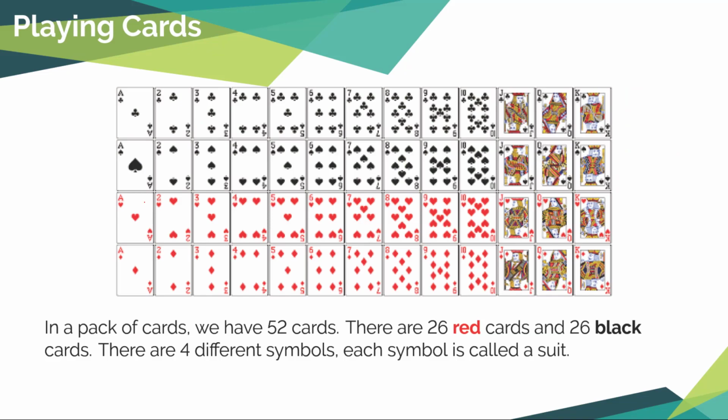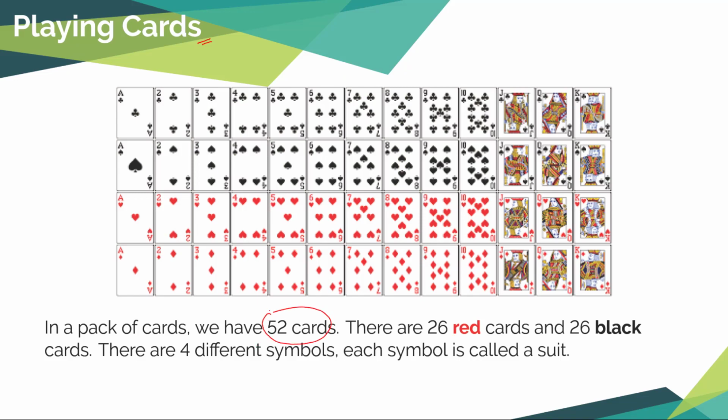And the third example is playing cards. Playing cards are used to explain complex problems of probability. Why do we use the example of playing cards? Because it gives you the opportunity of making different combinations. A playing card pack contains 52 cards.